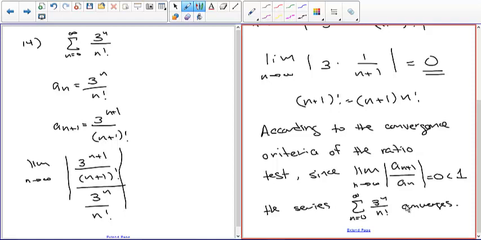If you had n factorial over 3 to the n, it would diverge because you take the limit and everything would be flipped over, and you'd have n plus 1 over 3, which would be infinity. Okay.